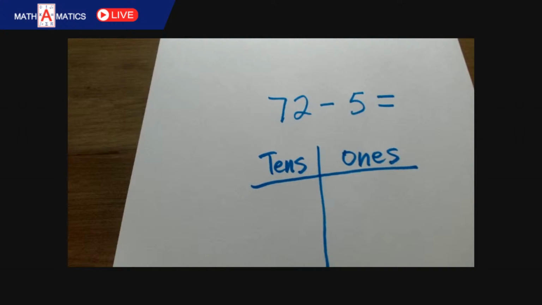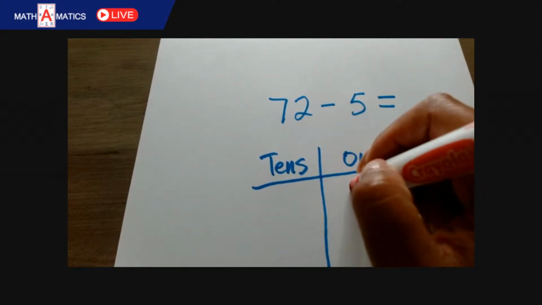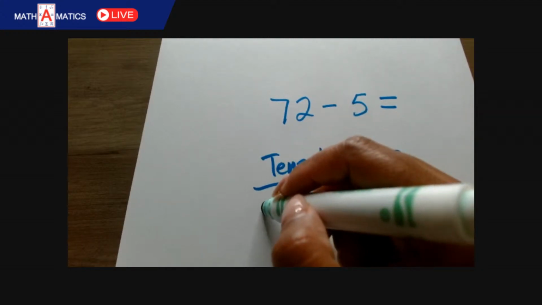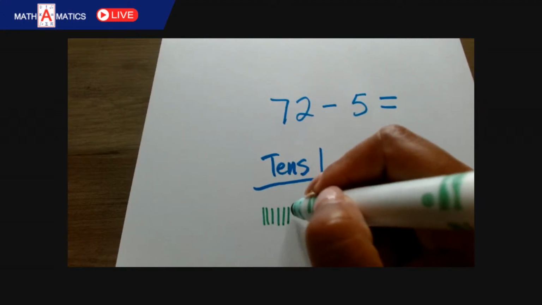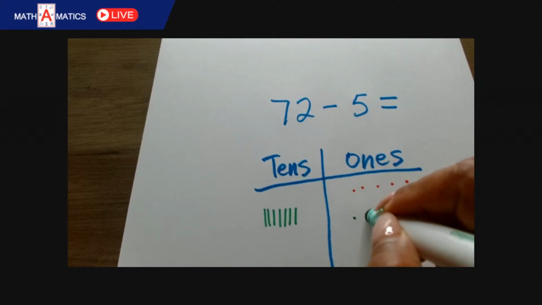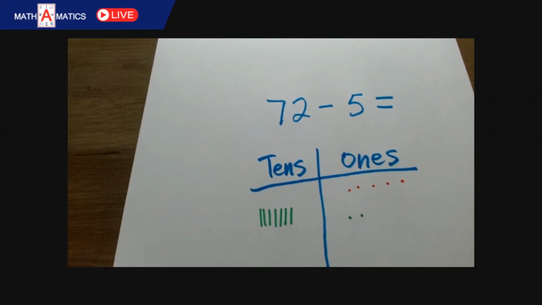We're going to draw 5 ones here. And then for our 72, I'm going to do those in another color. We have 1, 2, 3, 4, 5, 6, 7 tens. And then we have 2 ones here.